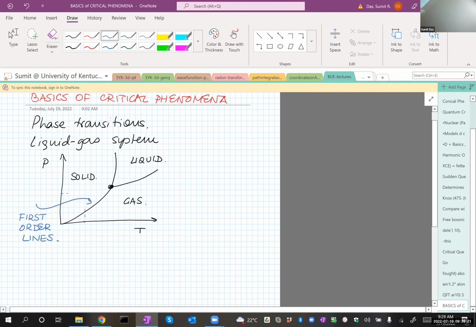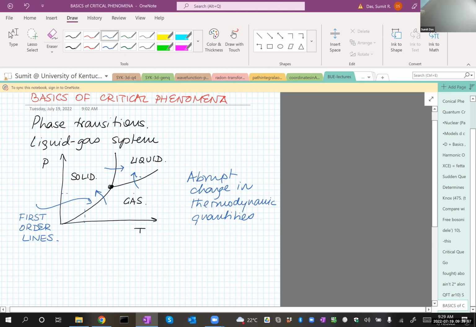What this really means is that as I go across any of these lines, there is an abrupt change in thermodynamic quantities. More specifically, the entropy per unit volume.